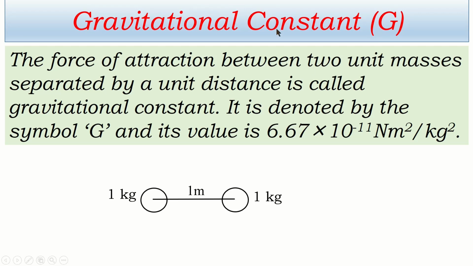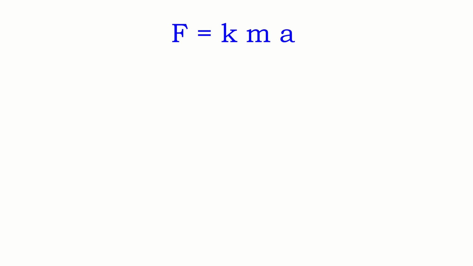But here in this case the gravitational constant G is not removed from the equation. In F equal to kma, now I want to take k to one side, then what happens? k is equal to F upon m into a.